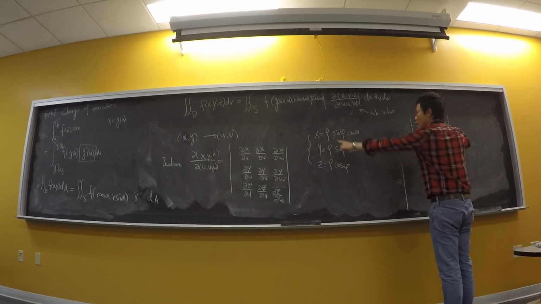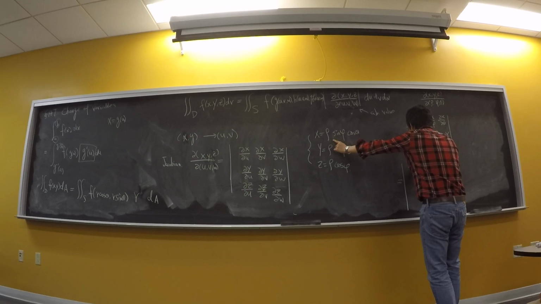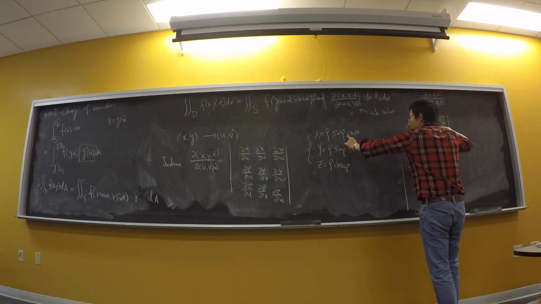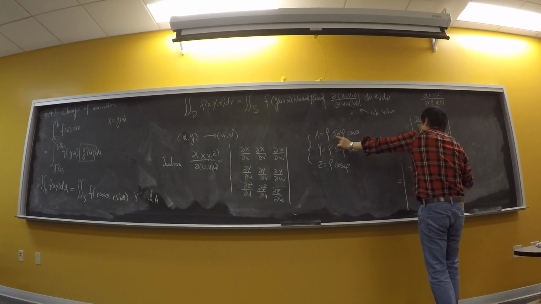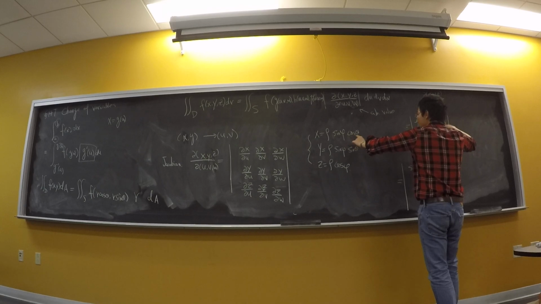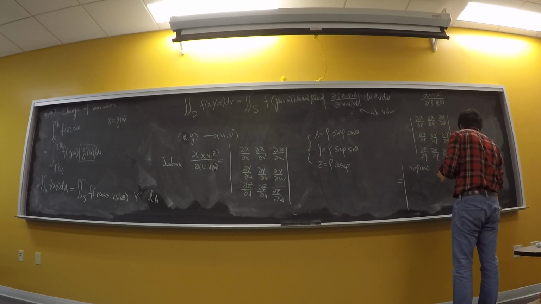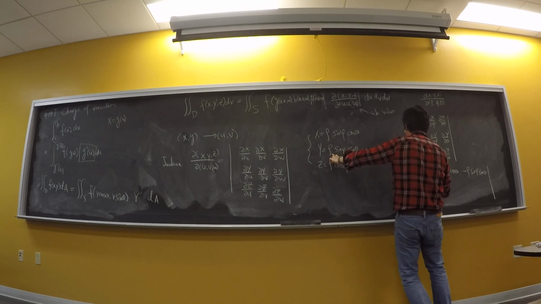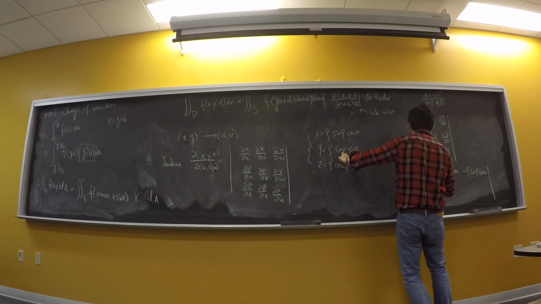So partial x, partial rho, I'm getting a sine phi cosine theta. Partial x, partial phi, I'm getting a rho cosine phi cosine theta. Partial x, partial theta, I'm getting a minus rho sine phi sine theta. So partial y, partial rho, I'm getting a sine phi sine theta.